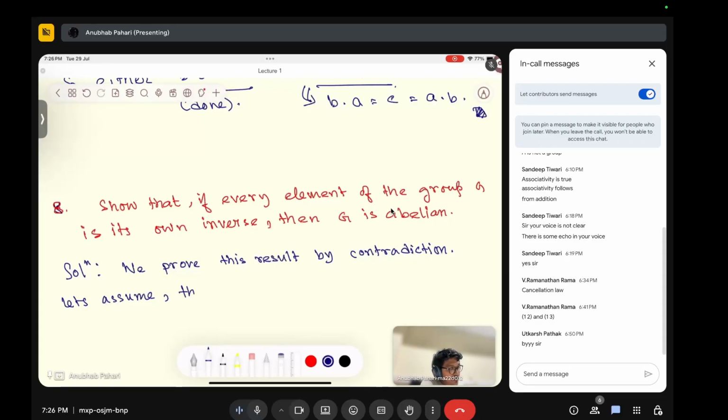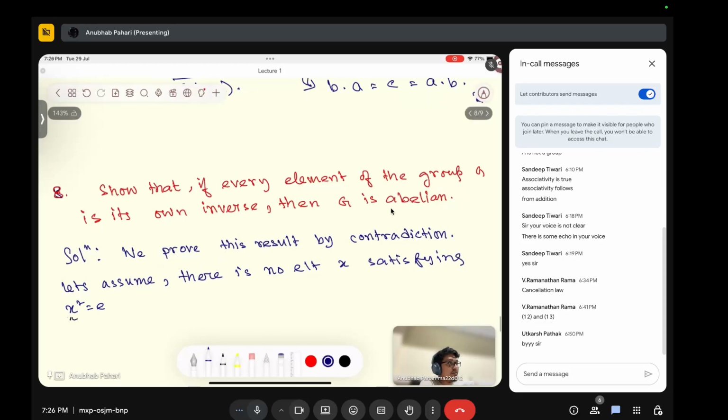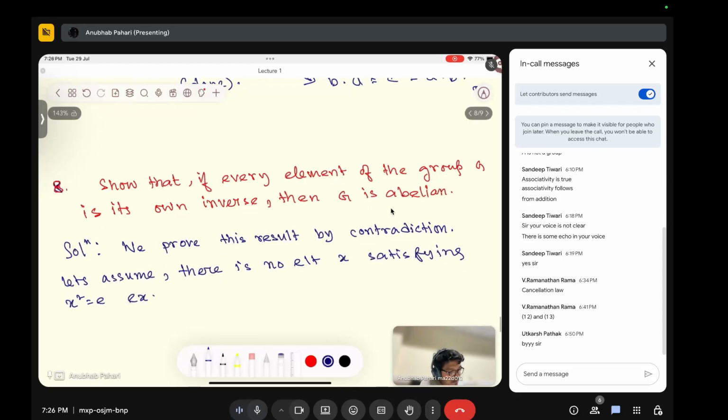there is no element x satisfying x square equals e, except x equals e.